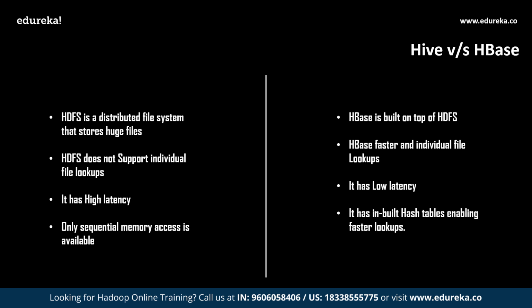Followed by that, the fourth difference is that HBase internally uses hash tables and provides random access, and it stores data in indexed HDFS files for faster lookups, whereas HDFS provides only sequential access of data. So these are the major differences between HDFS and HBase.